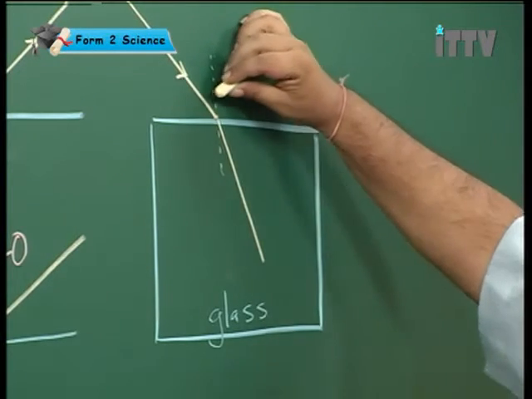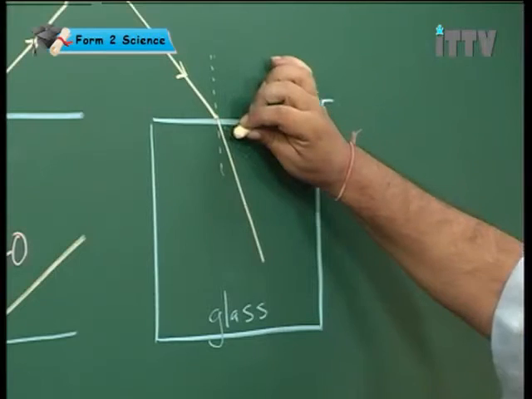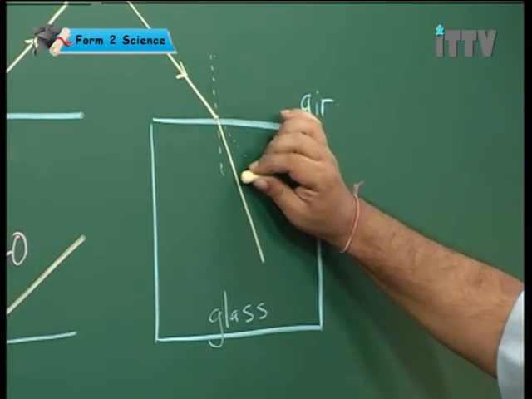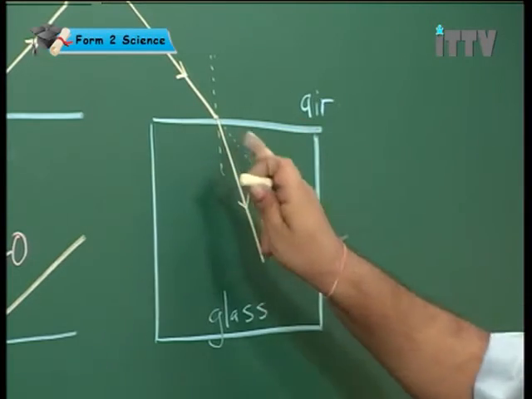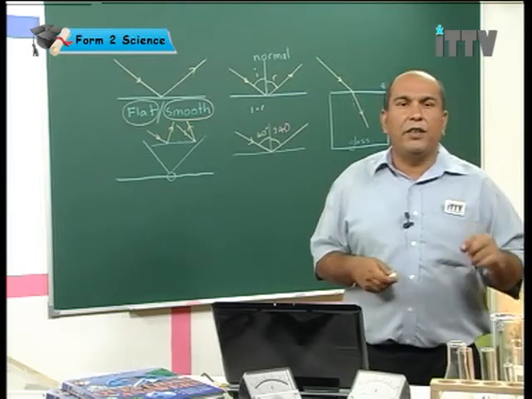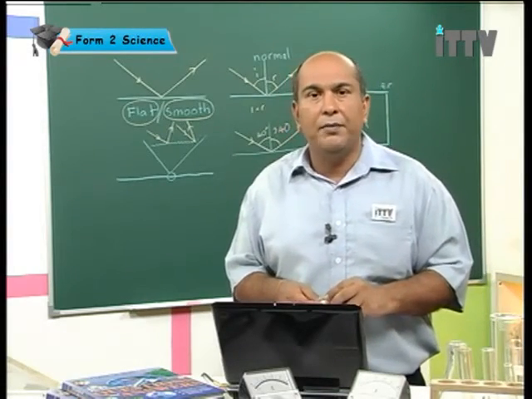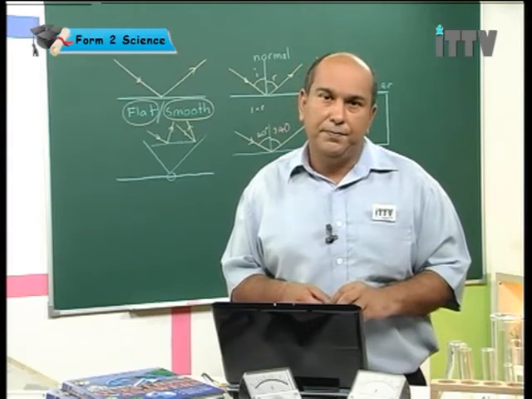Instead of, imagine, it should keep going straight, but it doesn't keep going straight, it changes direction. This phenomenon, where light changes direction as it travels from one transparent medium to another transparent medium, is called refraction.